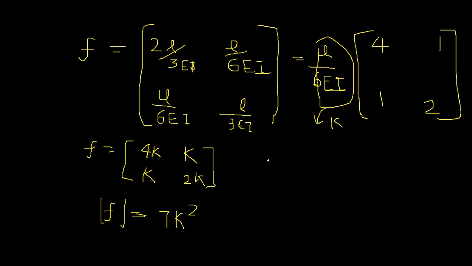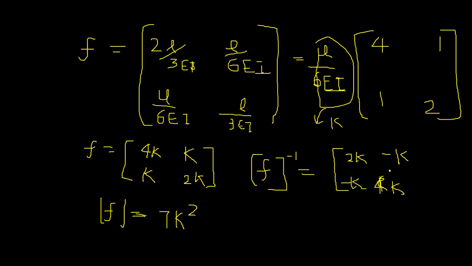And the F inverse is, you need to interchange these two and multiply these two by negative value and divide it by the determinant.